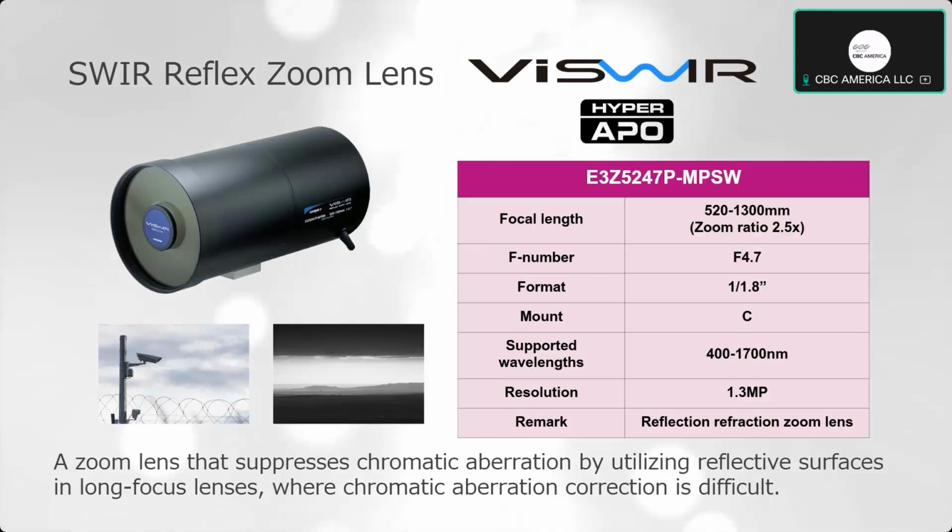Chromatic aberration occurs due to properties of materials such as glass. The shorter the wavelength, the greater the bending. But this phenomenon does not occur on reflective surfaces. This lens was created by taking advantage of this property and skillfully combining reflection and refraction.